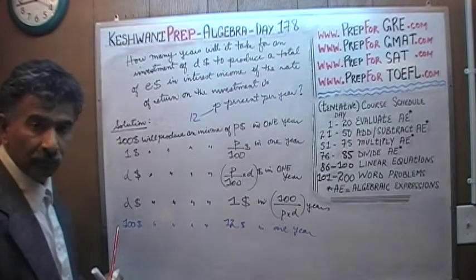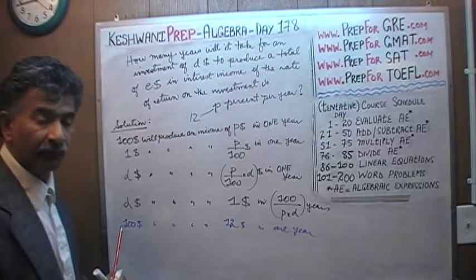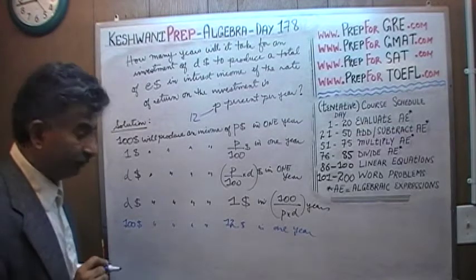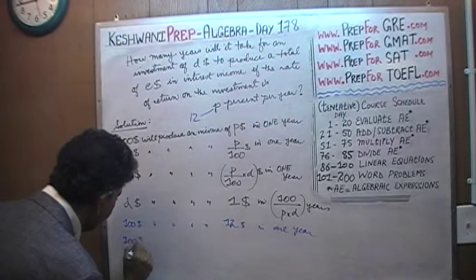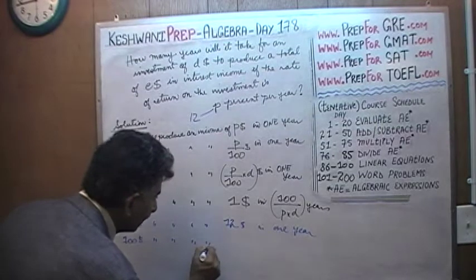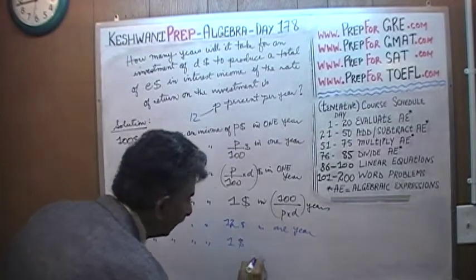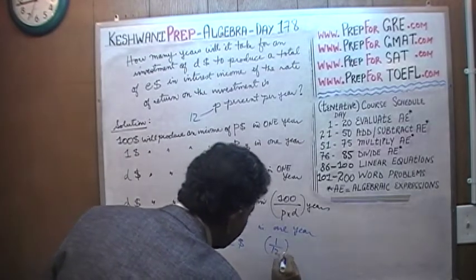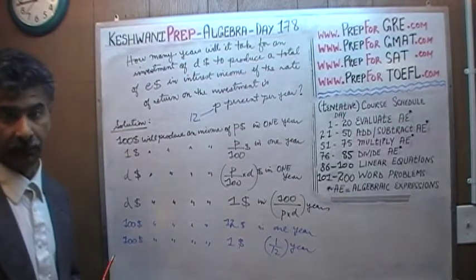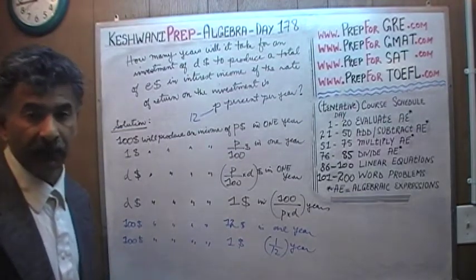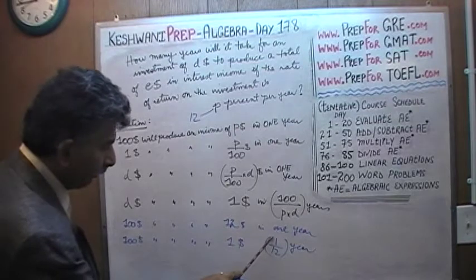If $100 produces the income of $12 in 1 year, then it stands to reason that the same $100 should produce an income of $1 in a 12th of a year, or in other words, an income of $1 per month. There you go, 1 over 12.